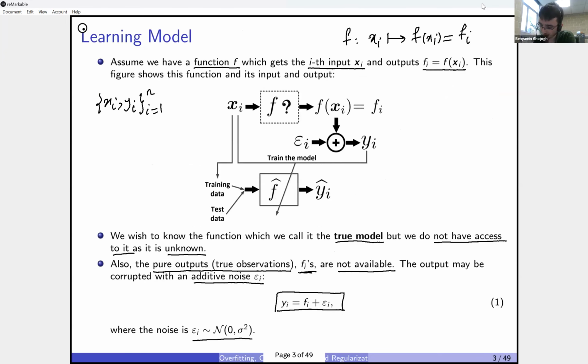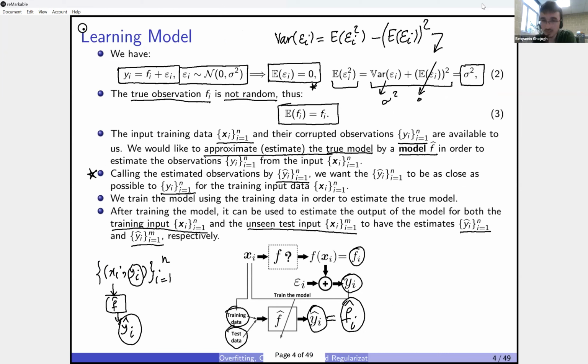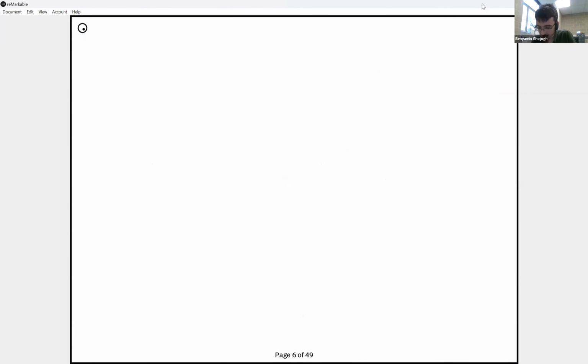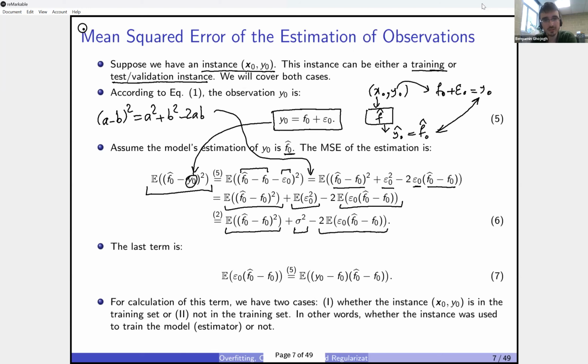In equation 2, we saw that the expectation of noise squared is sigma squared, right? So let's replace it here. Okay. Now the mean squared error has these terms. So 3 terms it has: 1, 2, 3.